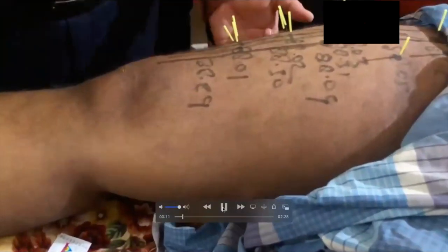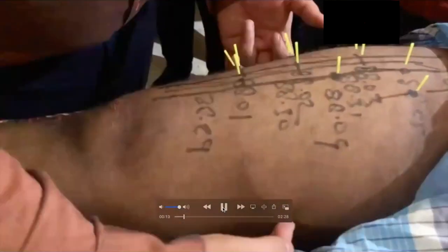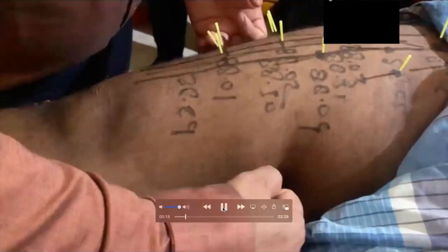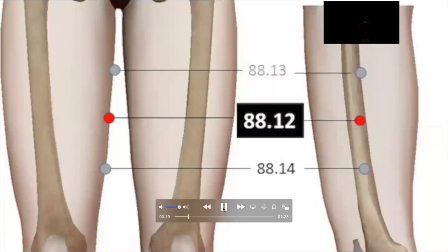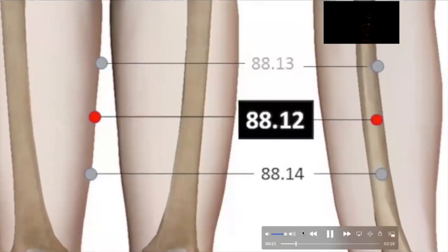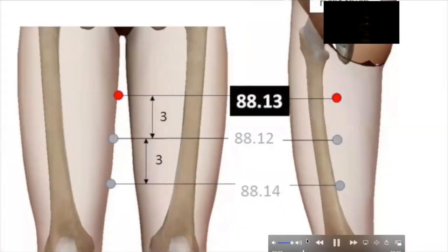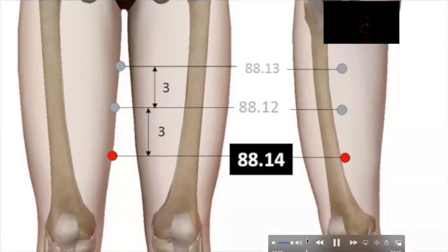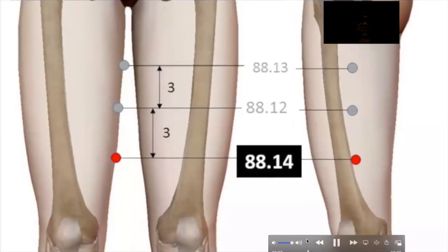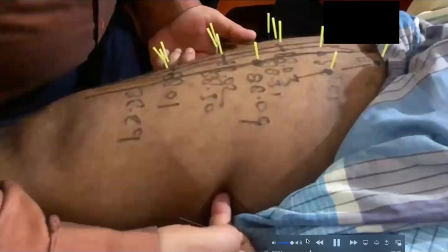From the knee, if we go to the medial side, on the lateral, outer side is the gallbladder meridian, and on the inner side we can see the liver meridian. These 3 points, 12, 13 and 14, are on the medial side of the thigh, and all the points are 3 chun distance from each other.